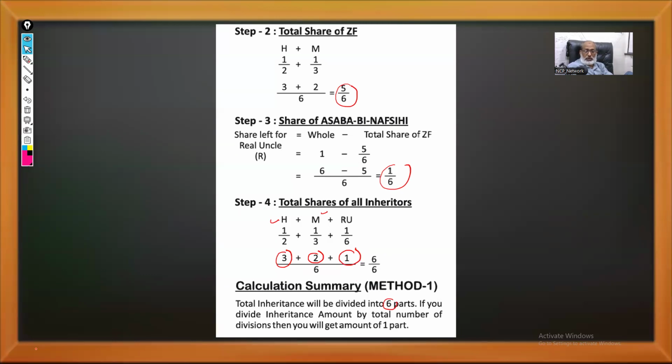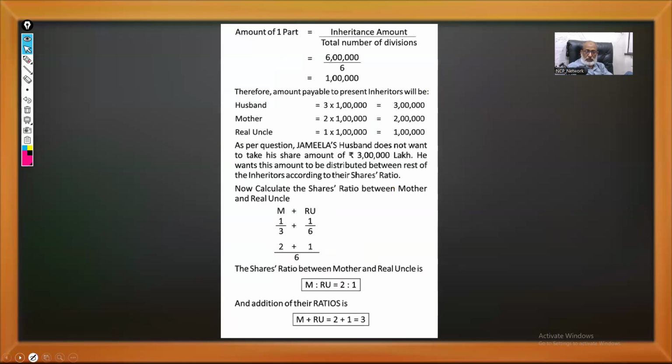If you want to calculate the shares in amount, the formula is: the amount of 1 part will be the inheritance amount, that is 6 lakh, divided by the total number of divisions, that is 6, because the whole estate is divided into 6 parts. So this is the value of one share amount.